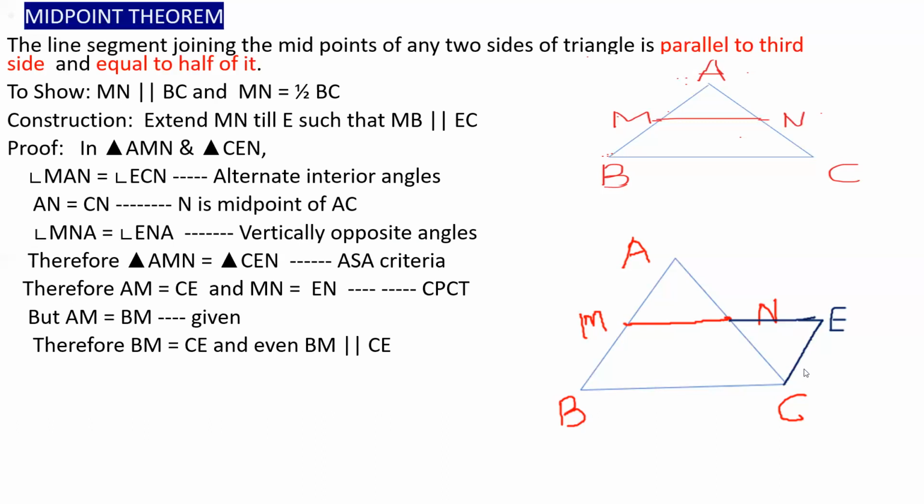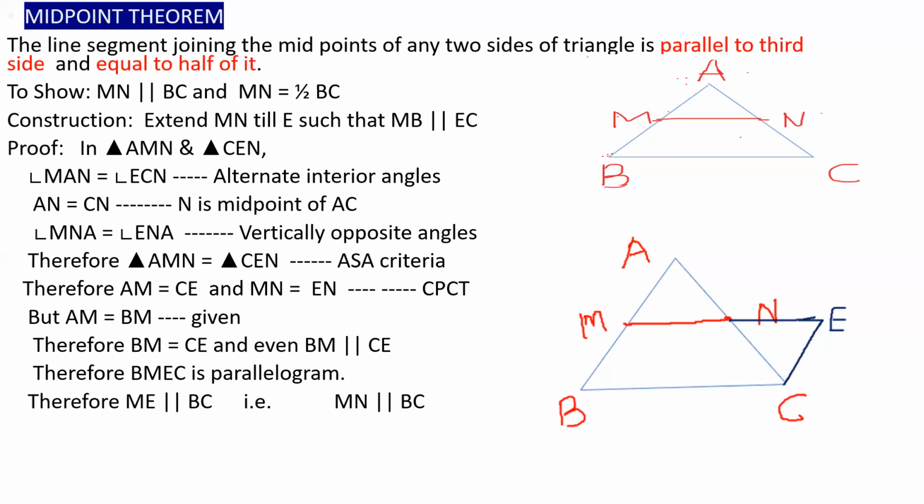Therefore, BMEC is a parallelogram. Once you show that it's a parallelogram, opposite sides are equal. So the other pair is also equal, that is ME is equal to BC and ME is parallel to BC. ME parallel to BC means the part of ME is also parallel, that is MN is parallel to BC.